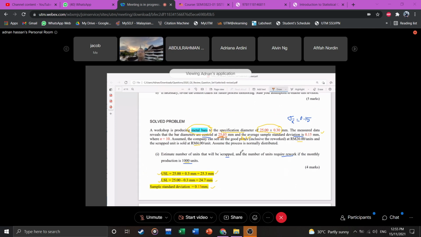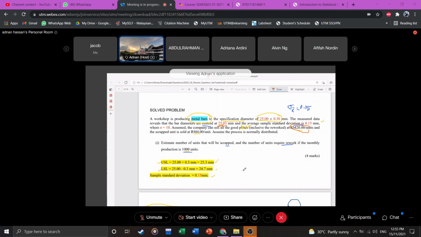The selling price is 20 ringgit. If the product is good, you get 5 ringgit profit. If not good, the rework cost is 3 ringgit, so you only get 2 ringgit.